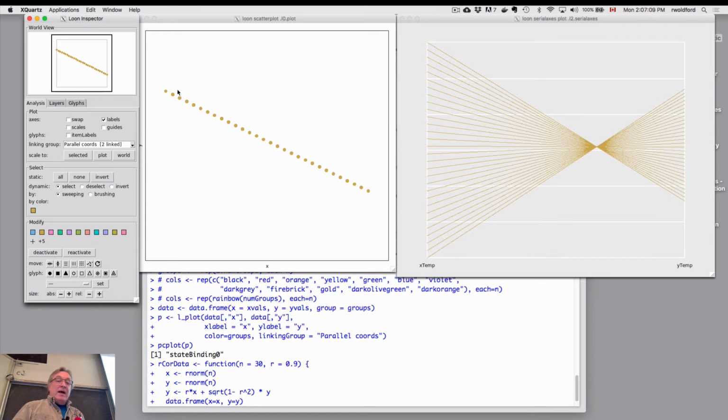So a line in 2D Cartesian systems becomes a point of intersection in the parallel coordinate plot. Okay. Well, why is that interesting? Well, it's interesting because if you see this in a parallel coordinate plot, you know it's on a line. All of those points are on a line.